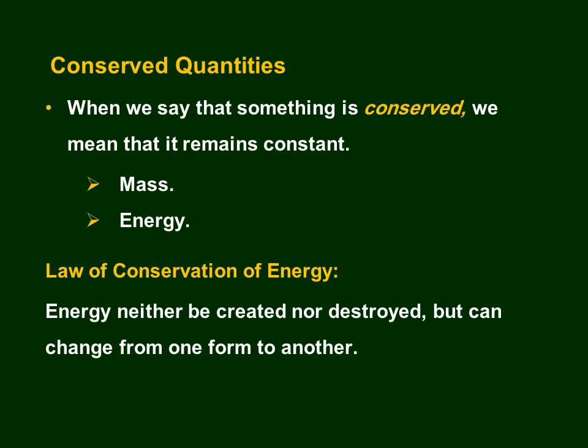Like in the electric bulb, electric energy changes into light energy and some heat energy. The plants take sun energy and convert it into chemical energy. So energy can neither be created nor destroyed, but can change from one form to another.